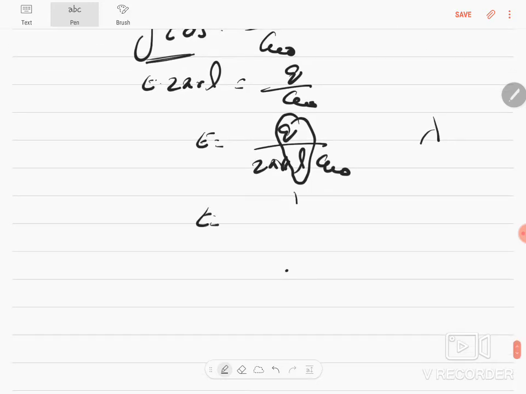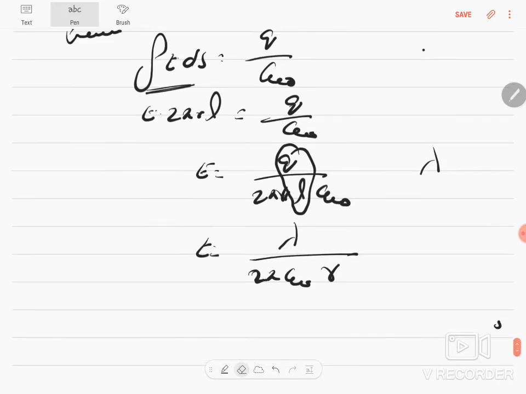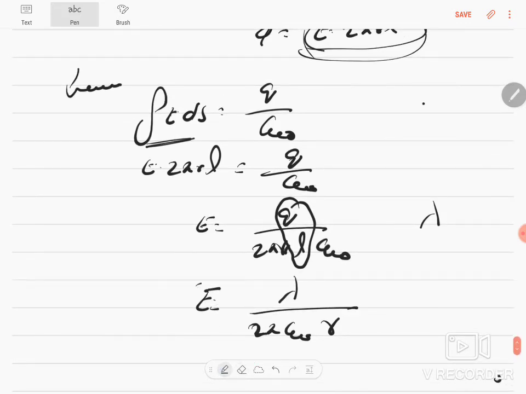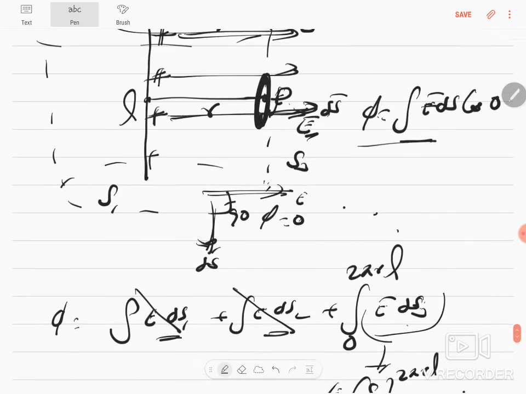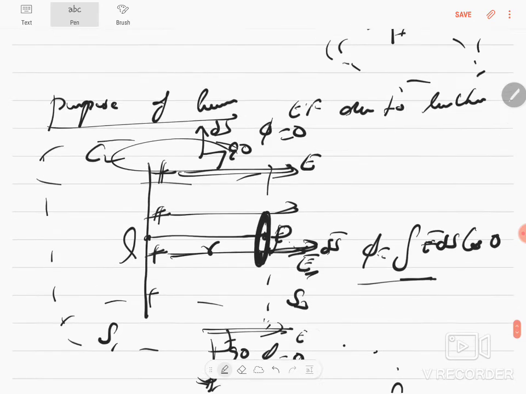Therefore you can write this as lambda by 2 pi epsilon naught r, or you can make it 2k lambda by r, because 1 by 4 pi epsilon naught is k, which is 9 into 10 to the power 9. You can multiply and divide by 2 and make it like this, but this is enough for you. You understood? This is how we can find the electric field at any point due to a line charge, an infinitely long wire.